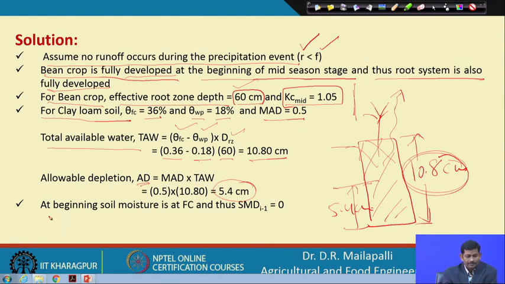Another thing is that at the beginning soil moisture is at field capacity, thus SMD is equal to 0. So, the soil moisture difference, delta S, is 0 because it is completely at field capacity.